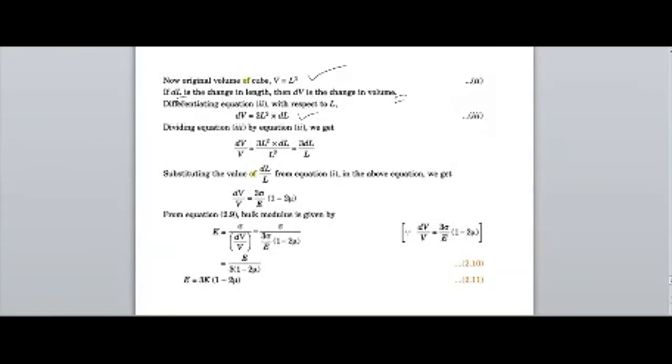Now I need volumetric strain, that is nothing but change of volume by original volume. Therefore, dividing by original volume, we are getting 3 into delta L by L, where delta L by L can be derived as sigma by E into 1 minus 2 mu.